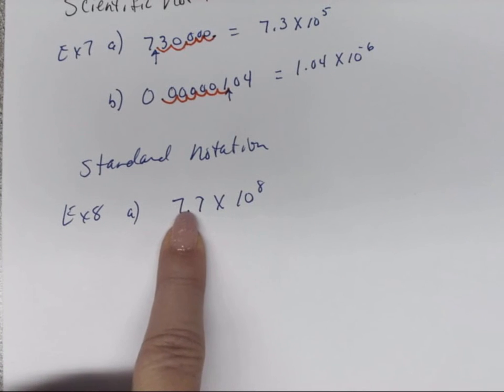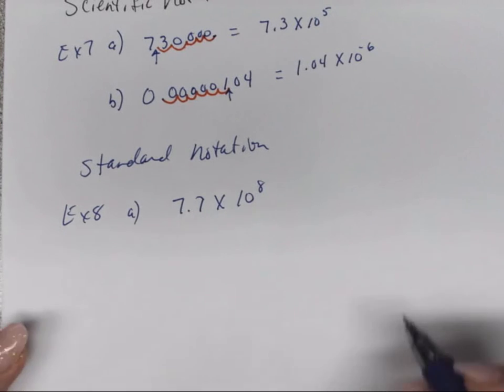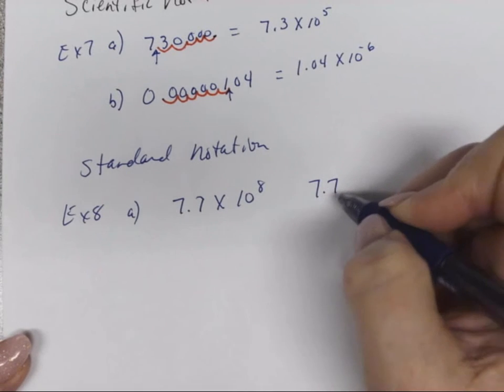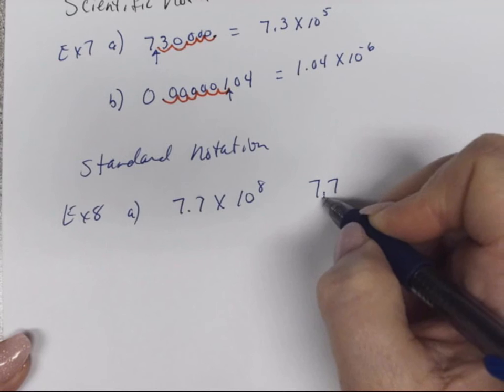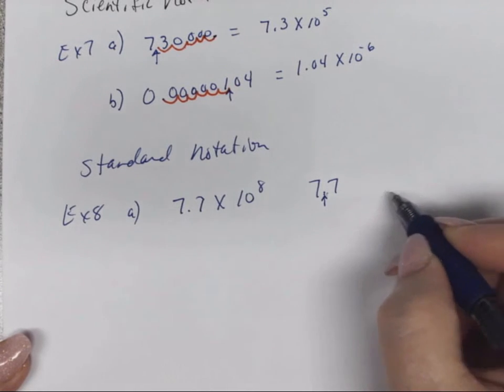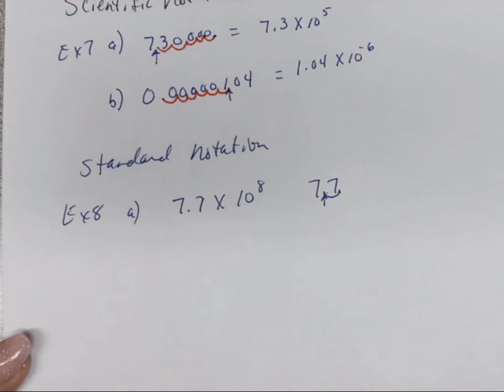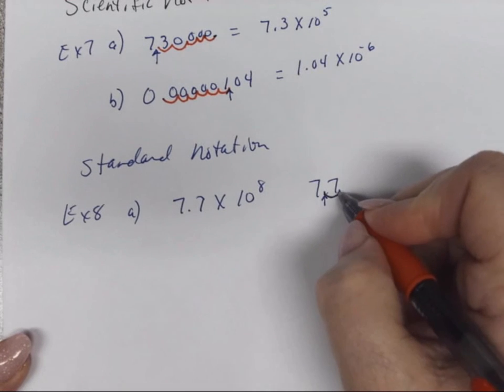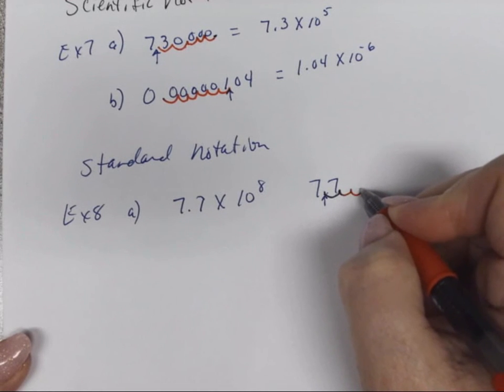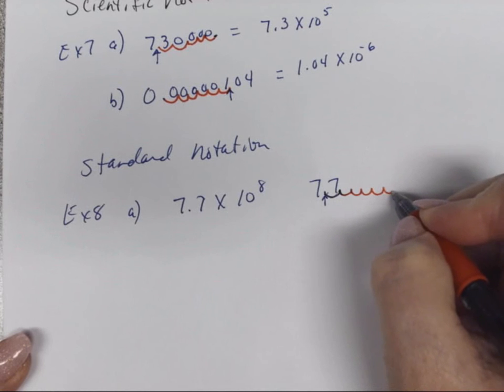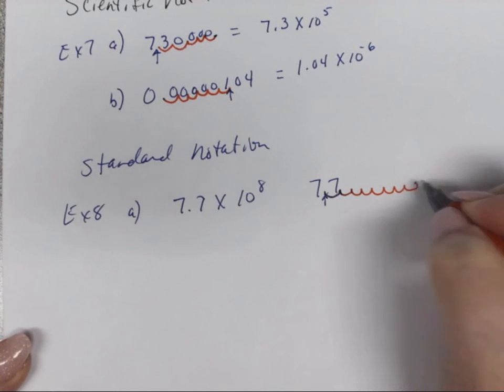So we've got to move our decimal places all the way back. I'm going to rewrite my 7.7 and understand that the decimal place has to move over 8 places: 1, 2, 3, 4, 5, 6, 7, 8.